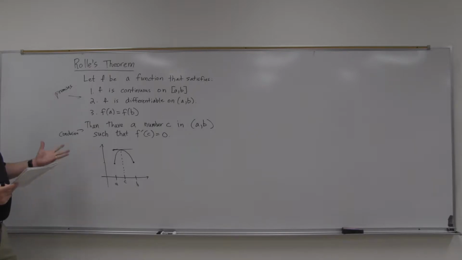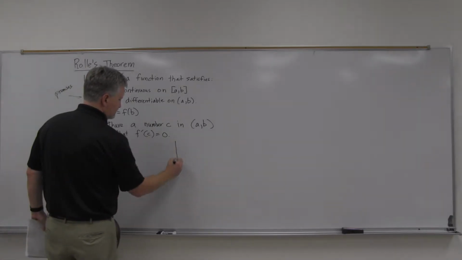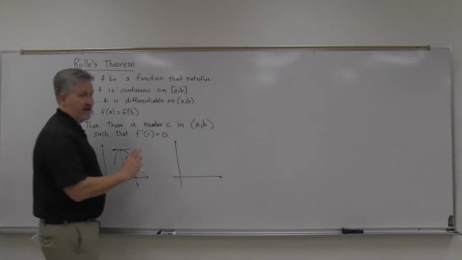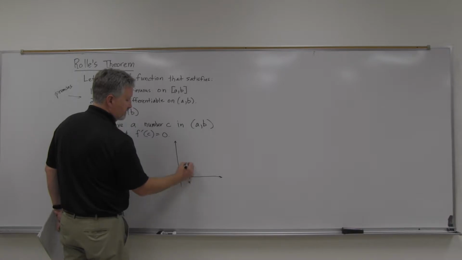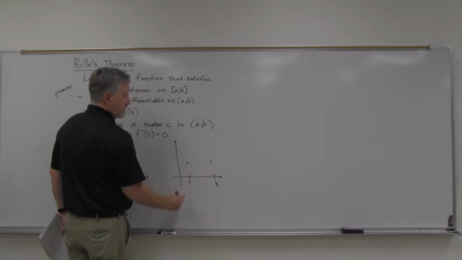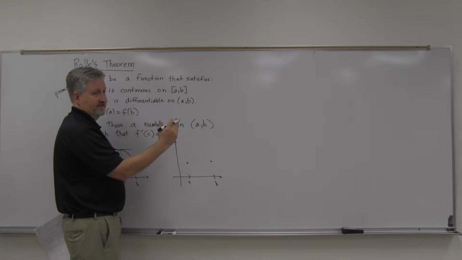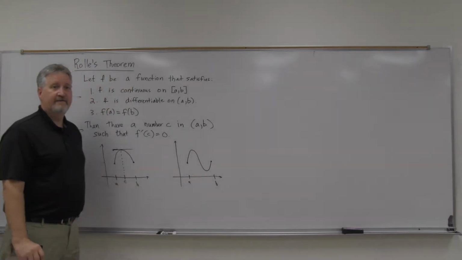So there's a couple other cases to consider. If you've got f of a here, and f of b is there, just as long as it's continuous and differentiable, all sorts of things could happen. I could have it go like that, right?